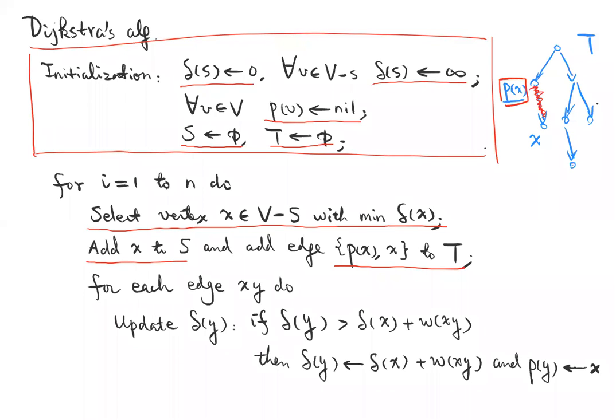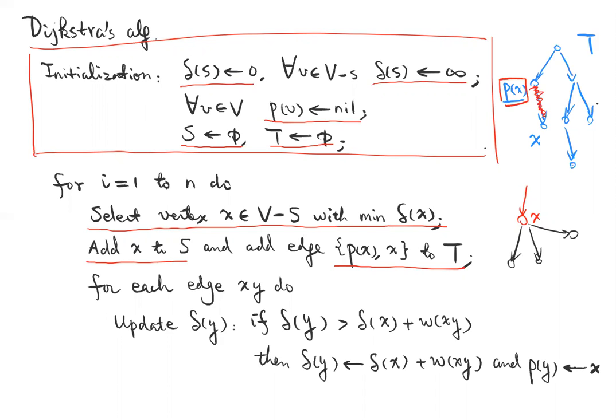Other than this greedy step, the most important step is actually the next one, the updating step. Because of the addition of this new vertex X, the paths to vertices reachable from X by one edge may be shortened.